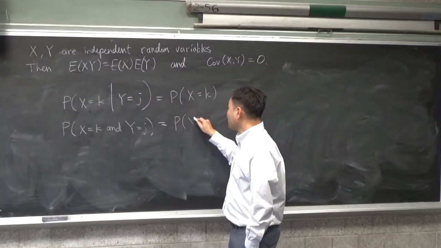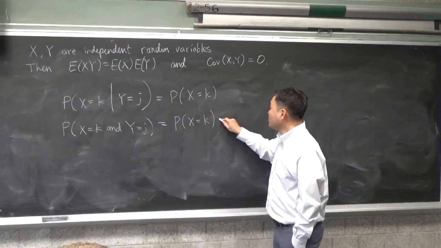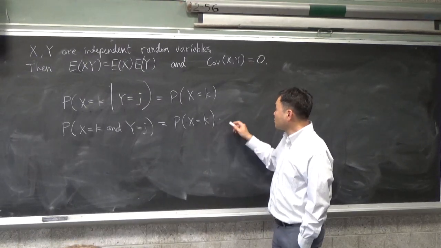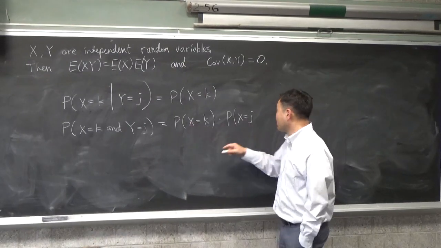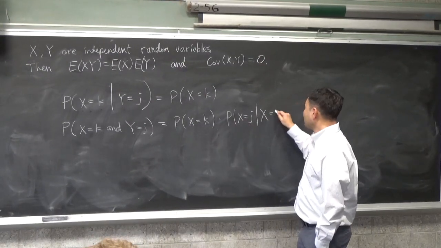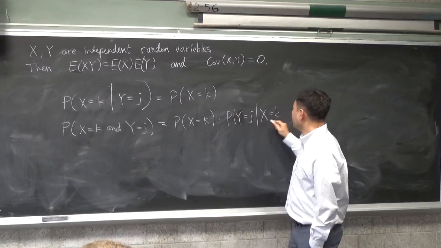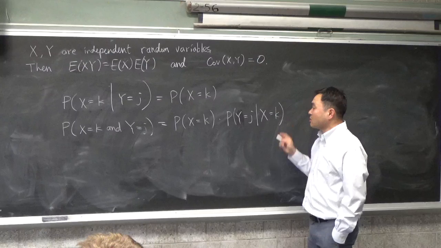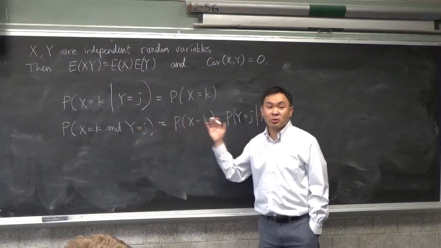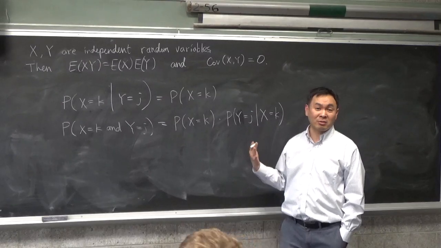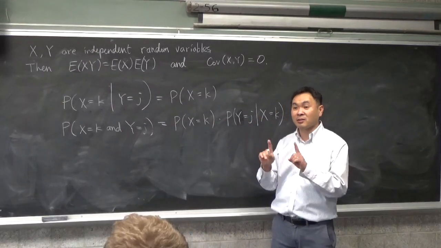So it should be P(X equals k) times P(Y equals j), assuming that X is equal to k. Now, what I wrote down here is going to be true for any two random variables, even if X and Y are dependent, okay?